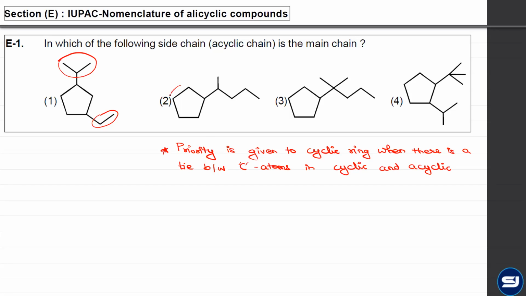So here the priority is given to the cyclic ring, and cyclic would be the main chain.